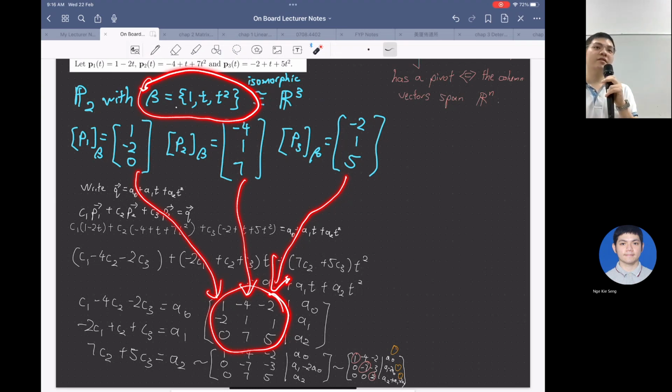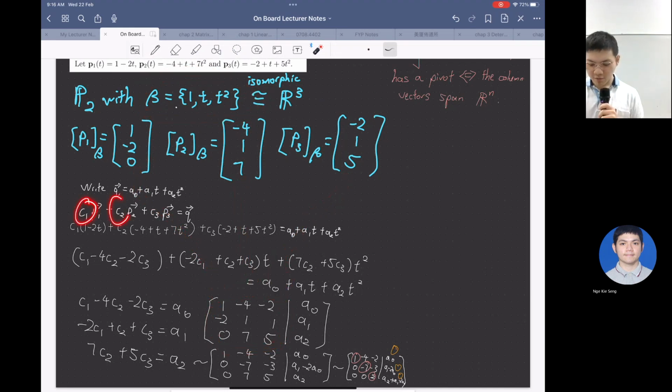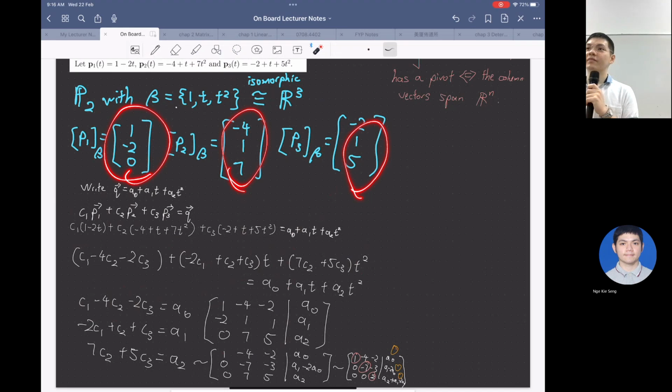Everyone see it? So you see, we introduce C1 into the game. And then after we factorize with respect to t squared and 1, we throw away C1, C2, C3 again. So what we are doing is actually these coordinate vectors here.